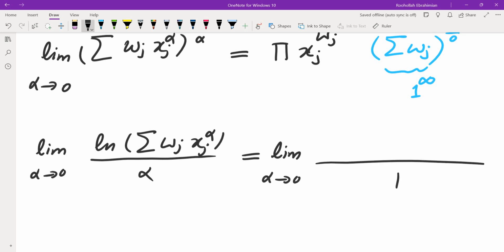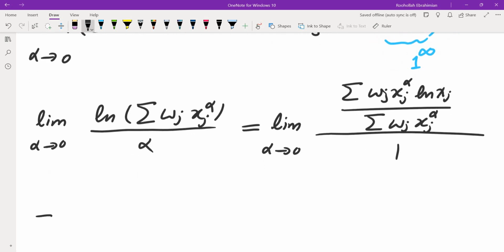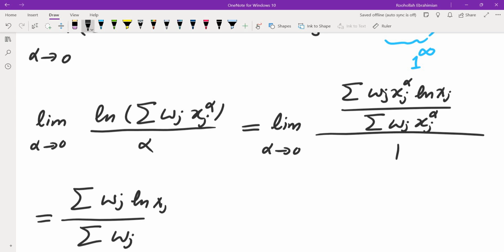The denominator becomes 1, and the numerator becomes the derivative of this, which is the sum of wj xj to the power of alpha natural log of xj, divided by the sum of wj xj to the power of alpha. As alpha approaches 0, the bottom becomes the sum of wj and the top becomes the sum of wj natural log of xj. The bottom is 1, the top is the natural log of the product of xj to the power of wj.